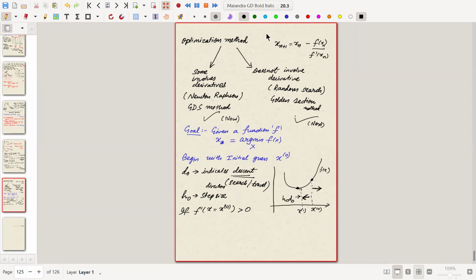So if f prime of x at x naught is greater than 0, your function f of x increases with x at x naught. Then where should be your direction? Should it be on the left or should it be on the right?